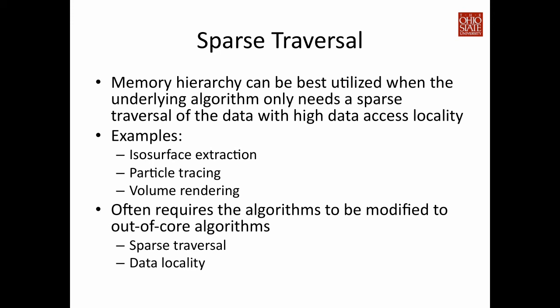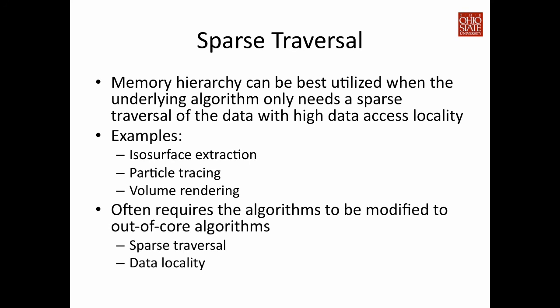In the example of isosurface extraction, you do not want to touch regions whose minimum and maximum values do not contain the iso value. When we perform particle tracing for visualization, you do not bring in data elements that the particle has no hope of entering.